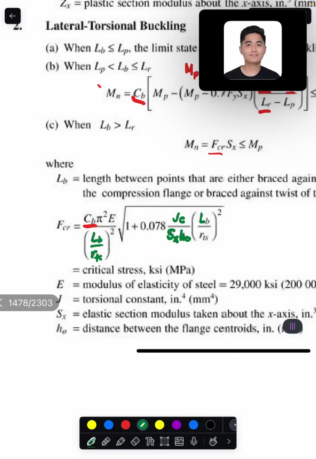Kasi, for example, na built-up na cross-section siya, there's a need for us to solve for RTS, for S sub X, for H sub O, for J, for C, for L, RTS din dito.